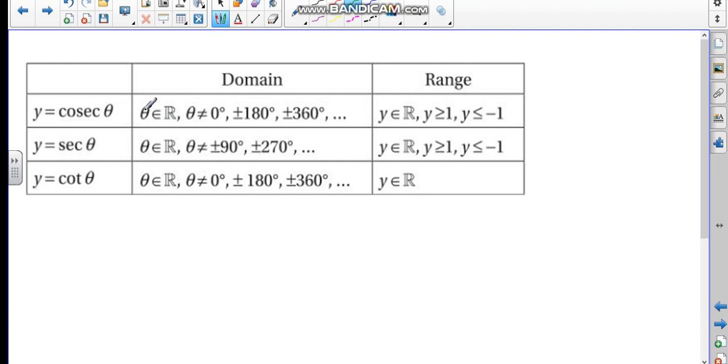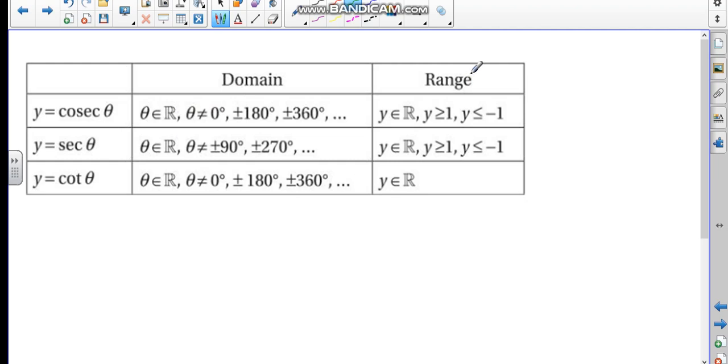So we can put any real number into the cosec function, except we can't put 0 in, because we'd end up doing 1 divided by 0. We can't put plus or minus 180 in, or plus or minus 360, or plus or minus 540. So all of those that go up in 180 degrees, we can't put in here. So our domain is everything except those values.